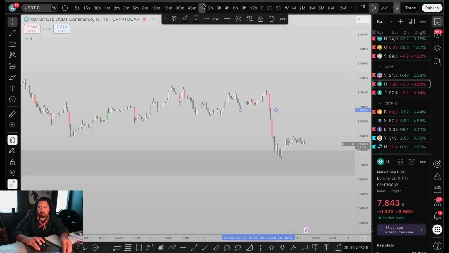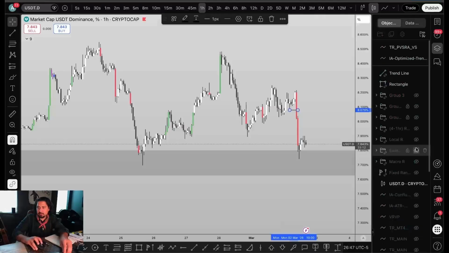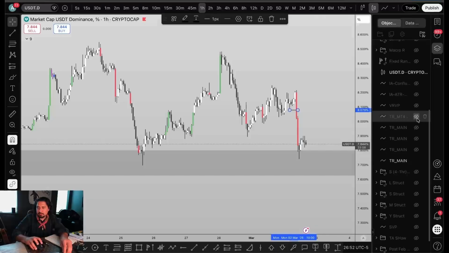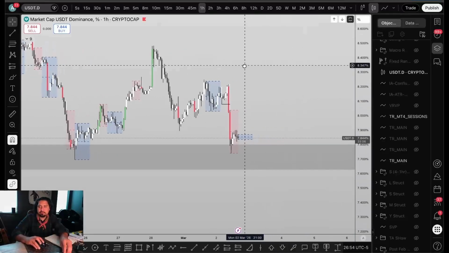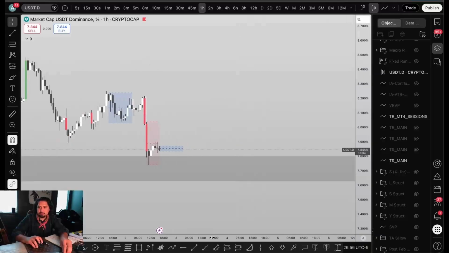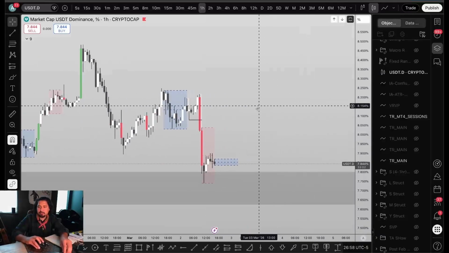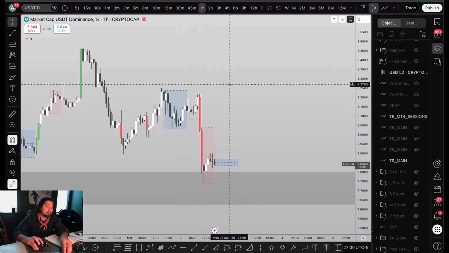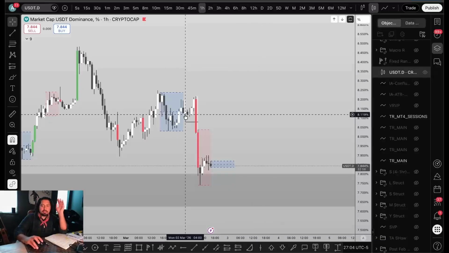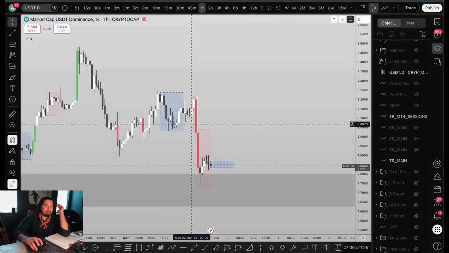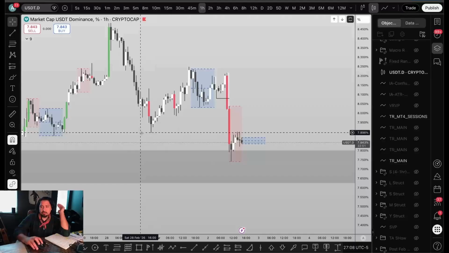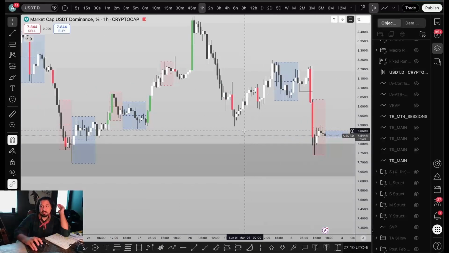When we go to the 1 hour, let me turn on my other indicator with the ranges. This was the Asian session, and this is the order block that is now the point of interest. When we were right here, this was the low that was going to confirm we would switch structure, tag this liquidity, and more likely go recover.